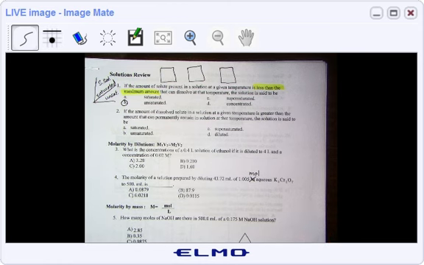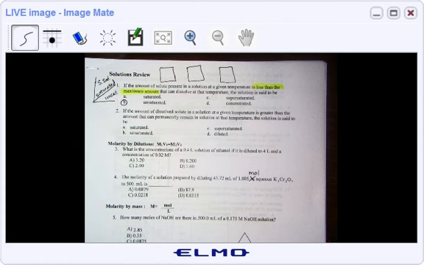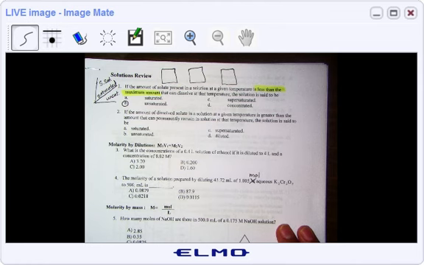Your exam is tomorrow. If the amount of a solute present in a solution at any given temperature is less than the maximum amount that can dissolve at that temperature, the solution is said to be unsaturated. The best way to think of supersaturated, saturated, and unsaturated is like if you make a spill and you're picking it up with a paper towel. If the paper towel can still absorb some liquid, it's unsaturated.